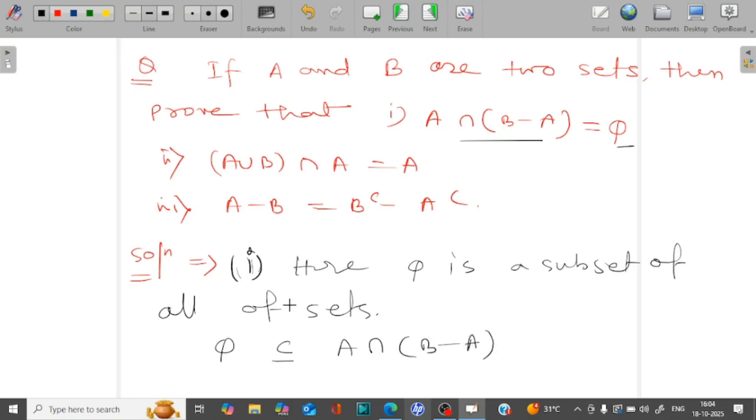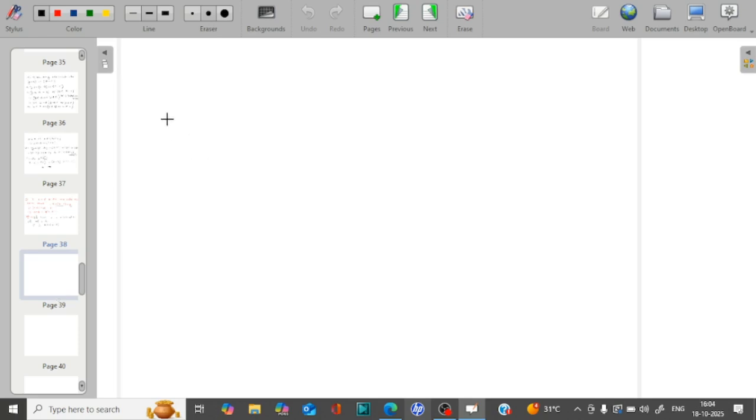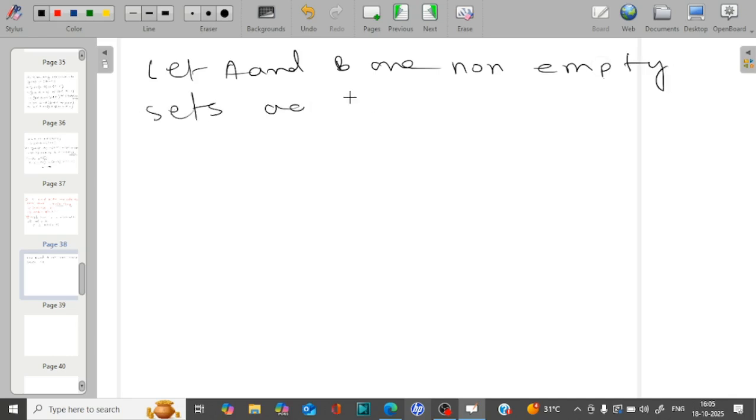Now we have to prove that A intersection (B difference A) is a subset of phi. Okay, so let A and B be non-empty sets, and let A intersection (B difference A) not equal to phi.